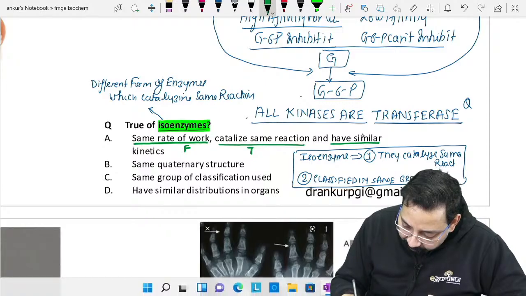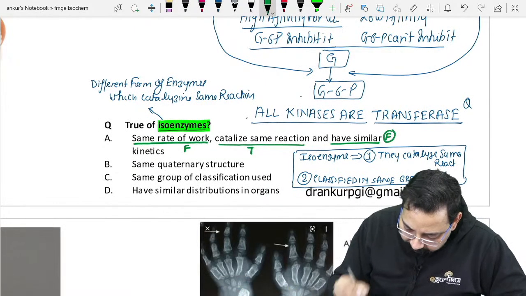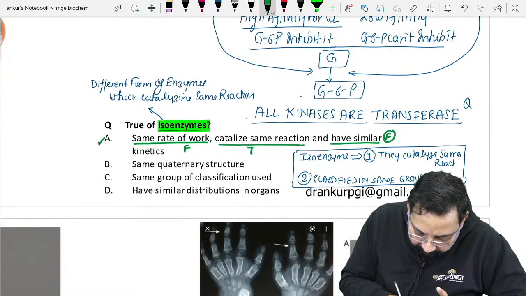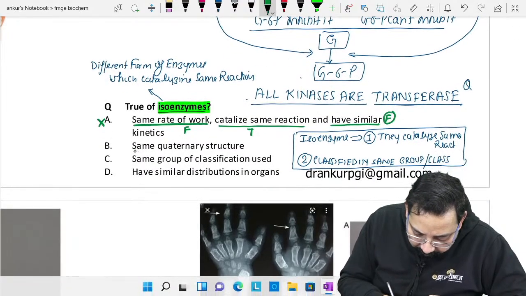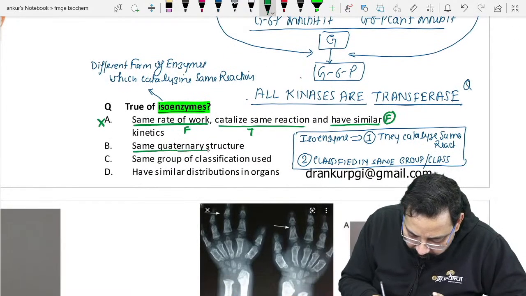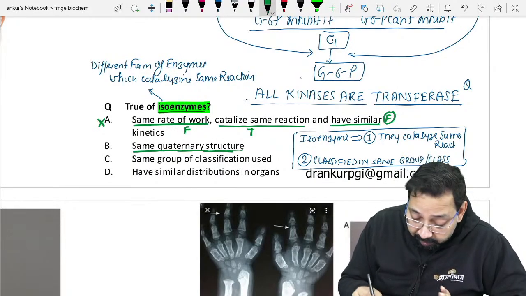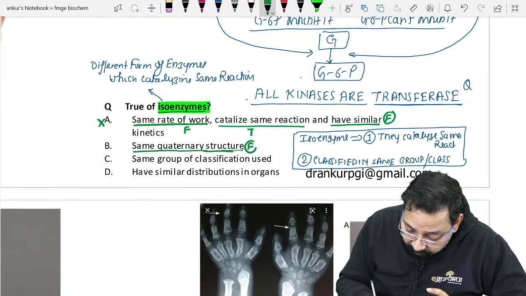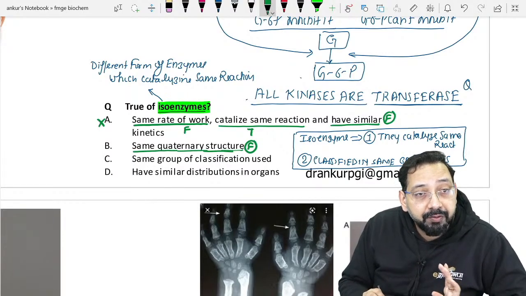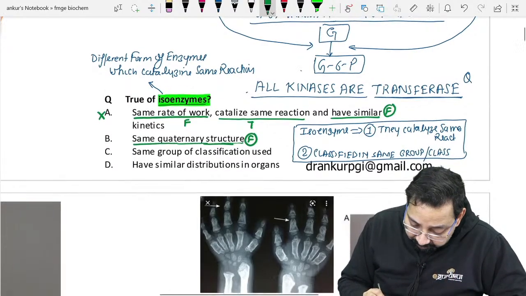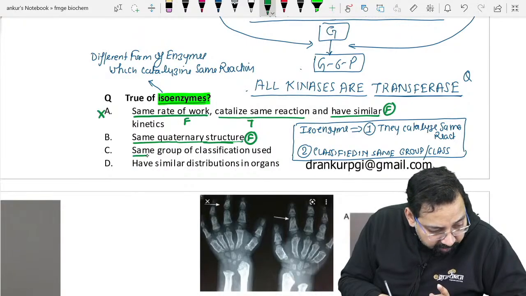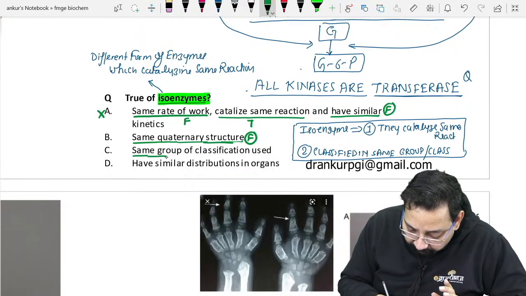False, so this can't be the answer. Same quaternary structure? No, I told you any structure may be different. False. Electrophoretic behavior and physical property may be different. Same group of classification? Please reply with the answer.